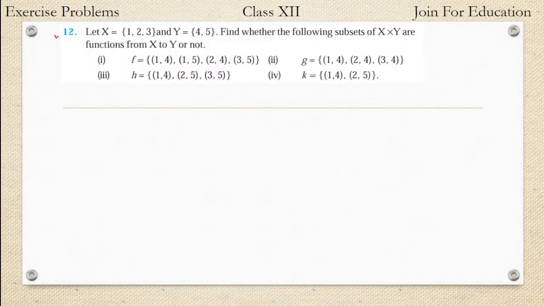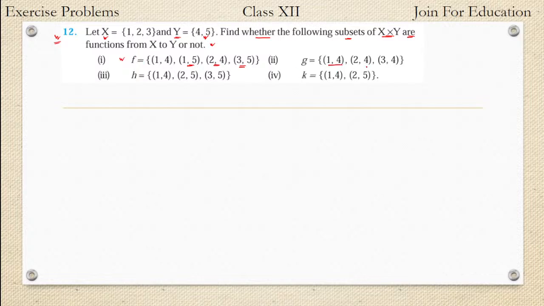This is the question number 12. 1, 2, 3 are the elements of X, and 4, 5 are the elements of Y. Find whether the following subsets of the Cartesian product of X and Y are functions from X to Y or not. Let's see the first question. The ordered pairs 1 4, 1 5, 2 4, 3 5 are the elements of f.